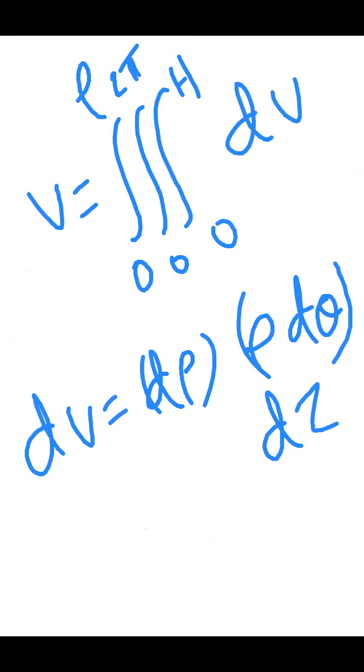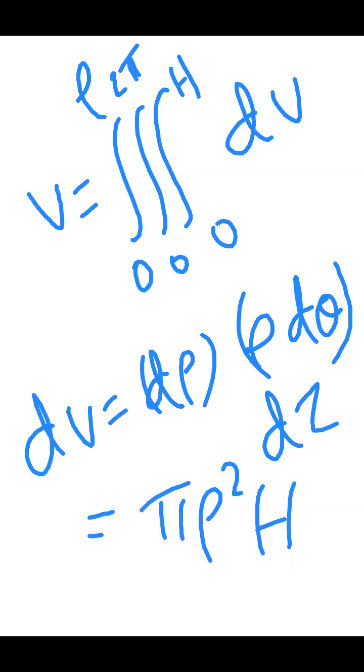What will be the final answer? Pi rho square h. Are you all convinced with this? Because the cylinder volume is pi r square h, and instead of r, I am using rho. So pi rho square h is the answer. That is one way of solving for the cylinder.